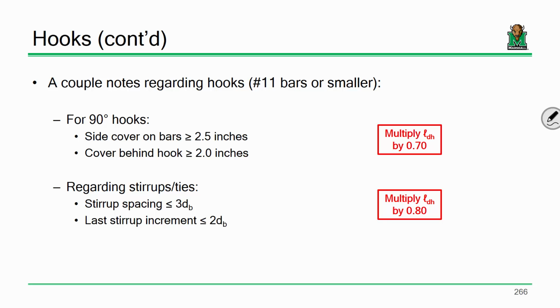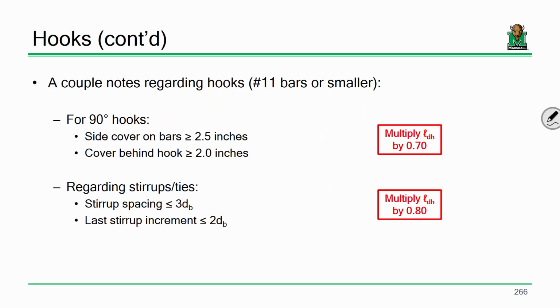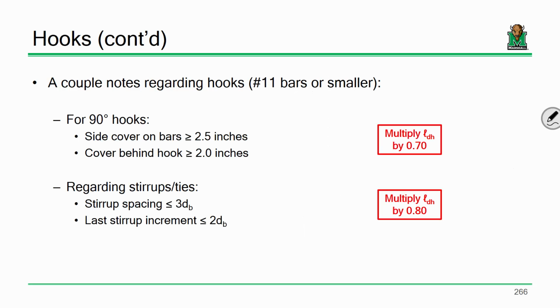So if you've got a 90-degree hook, in other words, if I'm talking about that one up above, and you've got substantial cover on either side and behind the hook, I think I have an image right here, you're allowed to take whatever you calculate and multiply it by 0.7.